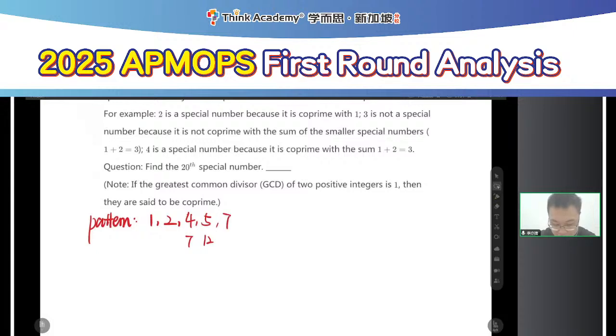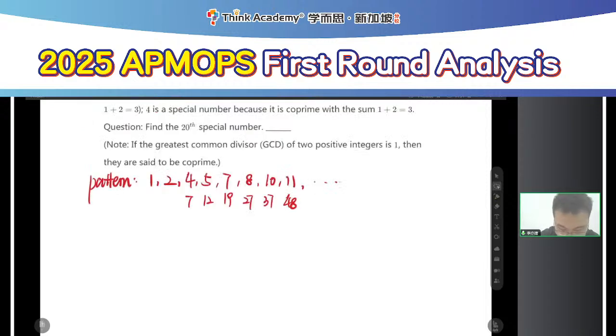And then 7, 8, and then you will find out that 9 is not. Then 10 and 11 both are, and 12 is not. What is the pattern? Can you find the pattern here? So the pattern is, every number except for multiples of 3.